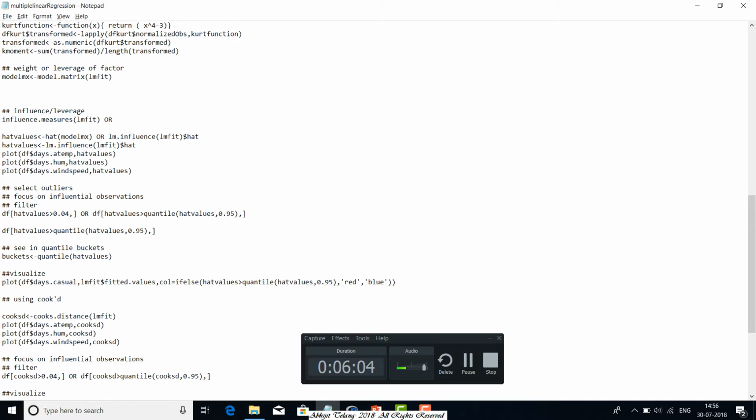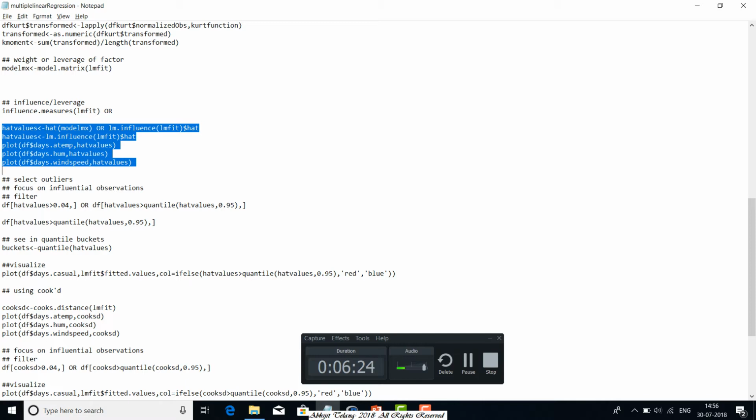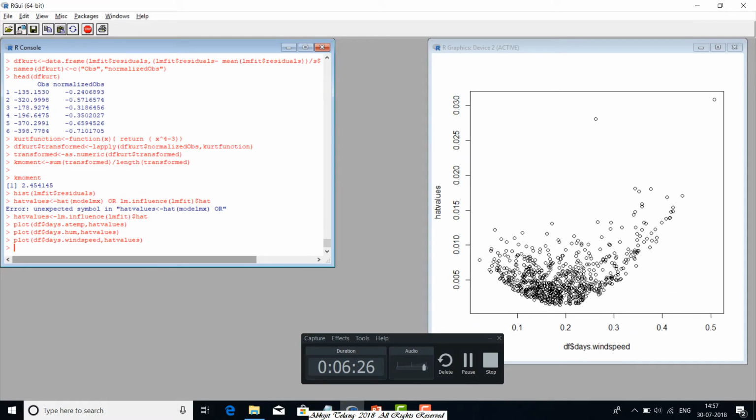And I can proceed with the influential observations, for example, the observations which are either outliers or are affecting the response, the fitted model, whether these observations are present or not. So if I remove one or more of these observations, my model will have a significant impact. I can do that using something called the hat value. We can plot these hat values and see how those are distributed for each of the input variables.